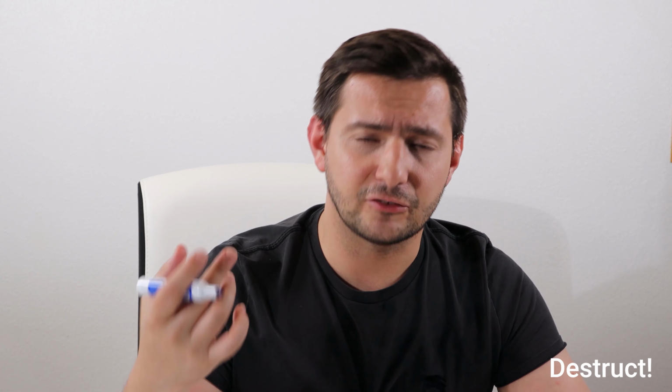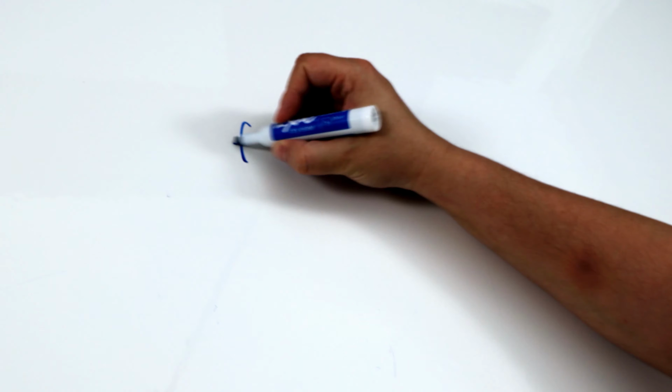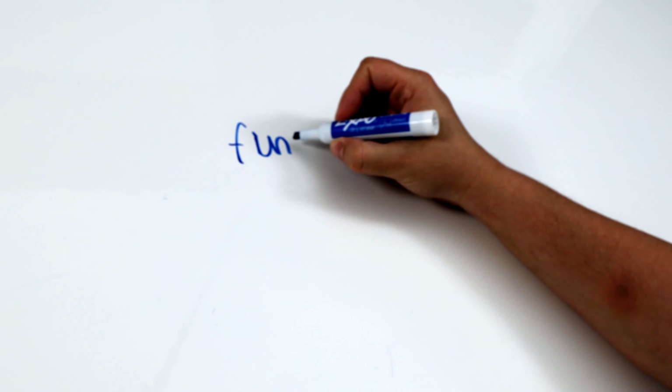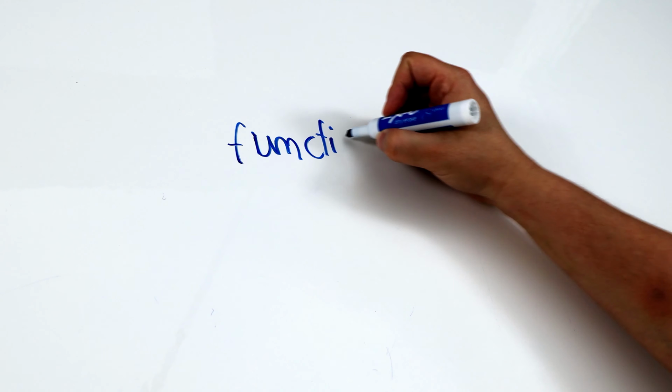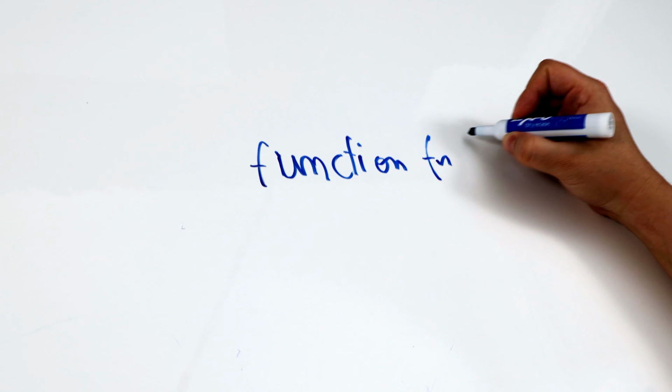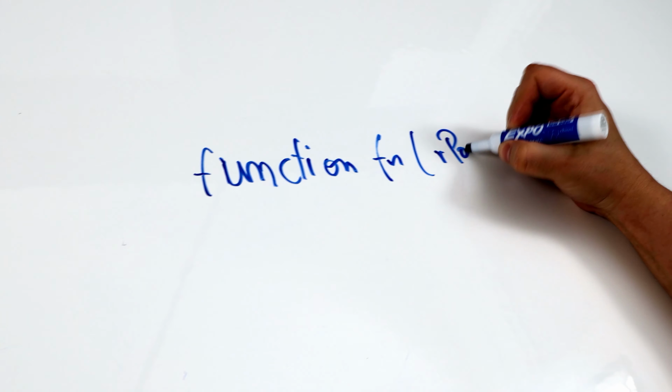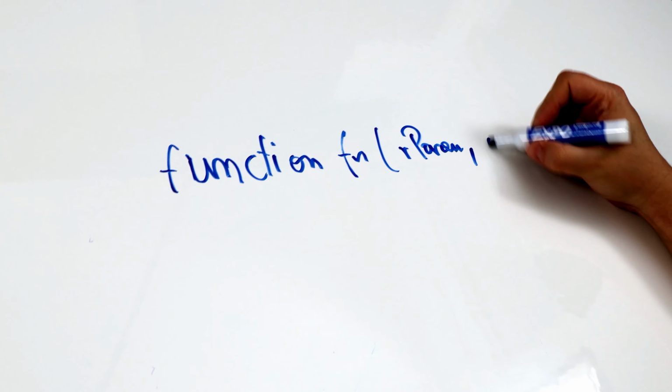To avoid such a situation, you should put all optional arguments into a single argument and destruct it in the function body. So our function would be required parameter, and then some options.